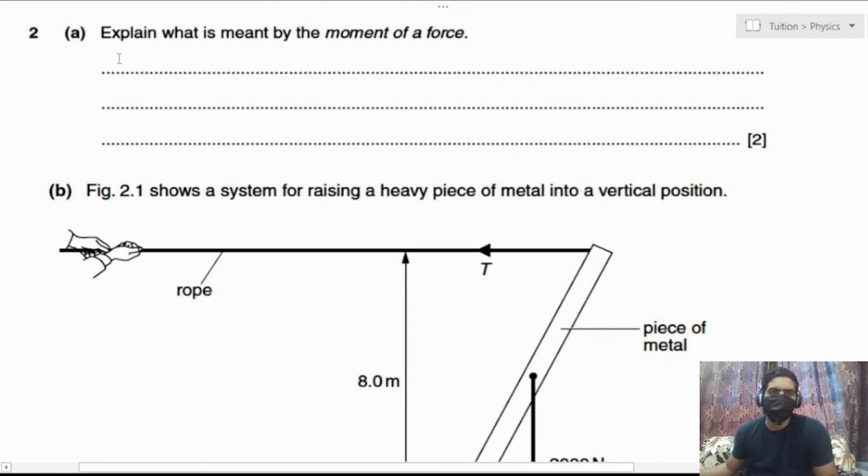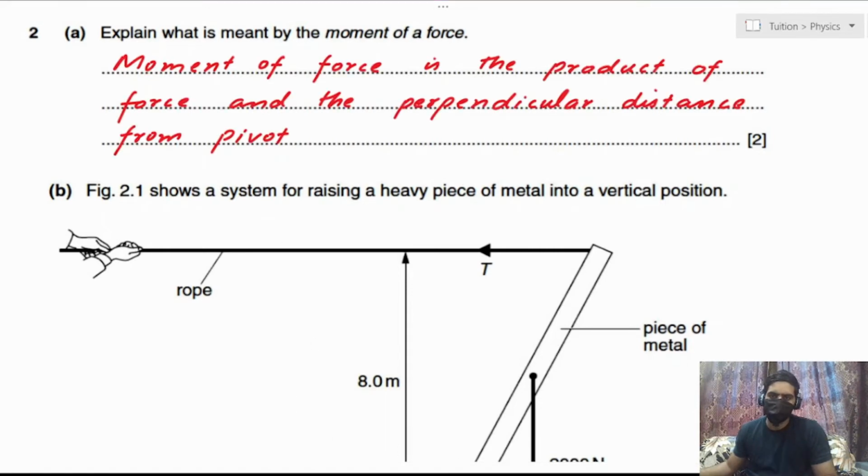So I'll be saying moment of force is the product of force and the perpendicular distance from the pivot to the line of action of force.